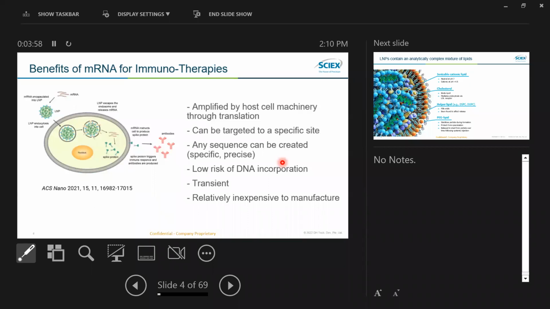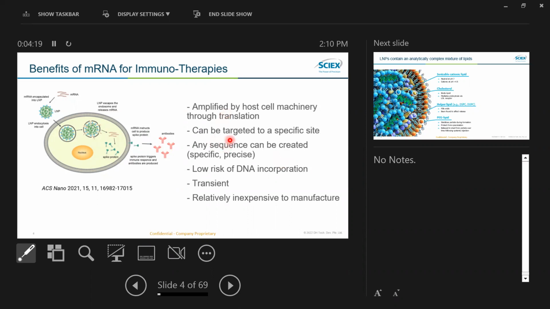And there are several advantages or benefits of using mRNA as a therapeutic. You're using the ribosomes to create the active product, the protein of interest that you're trying to express, and so you get amplification through this process.